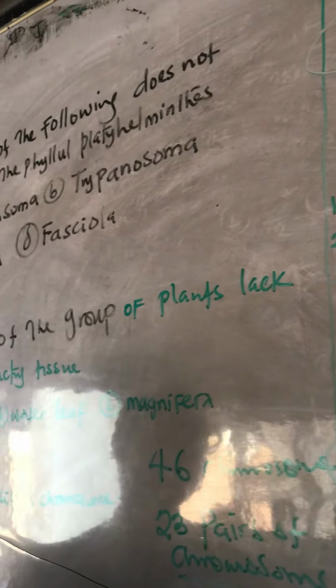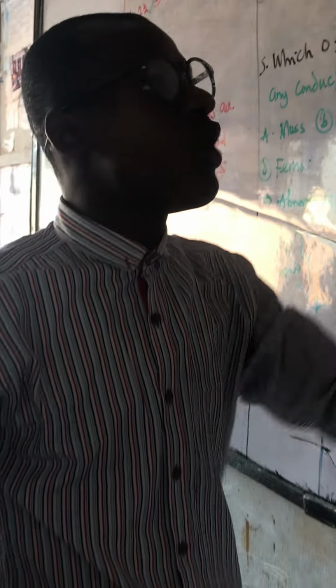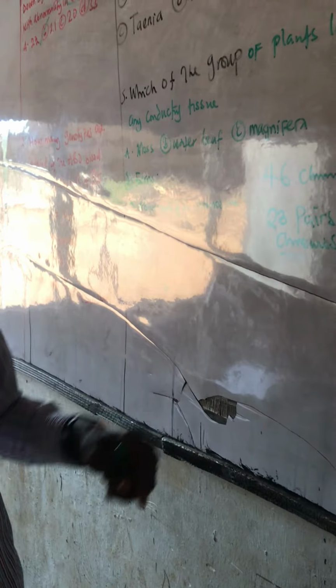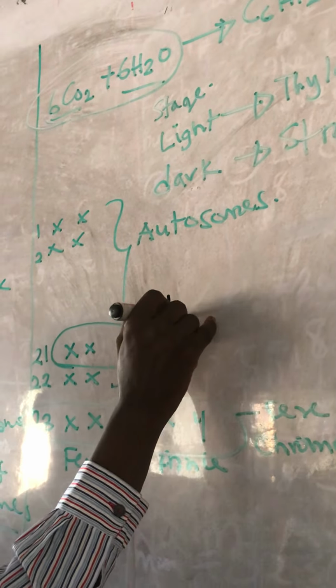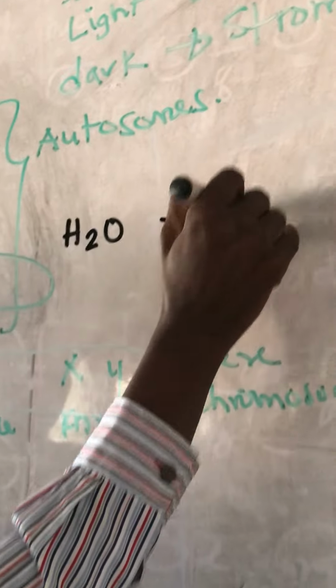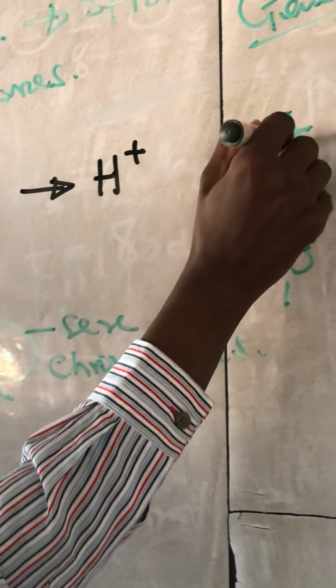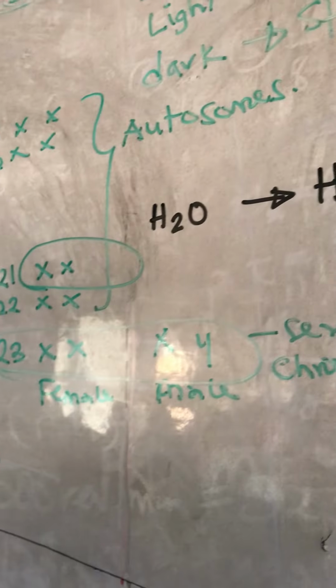What do we refer to as photolysis of water? That is, the water is going to split. When water splits, it is going to give us hydrogen and oxygen as a byproduct. We have our H2O, and when it splits here, we have H plus and OH minus.